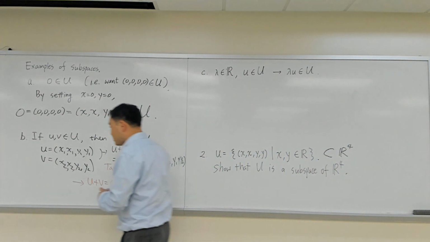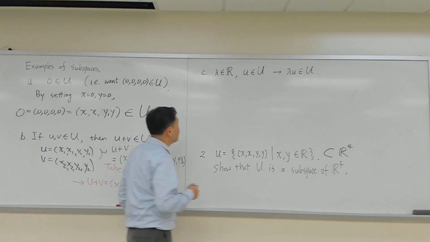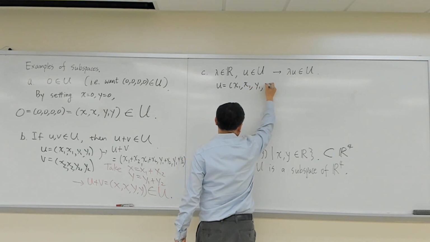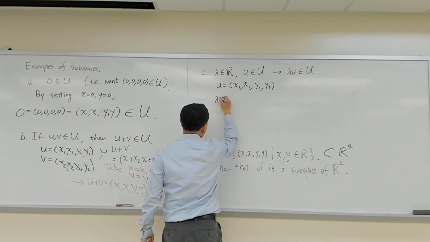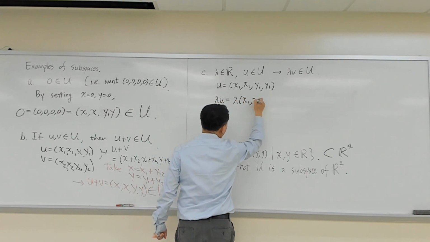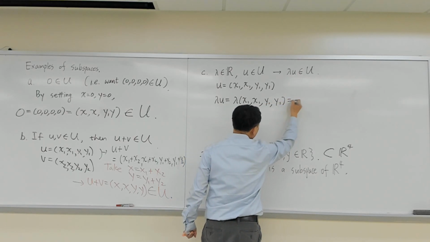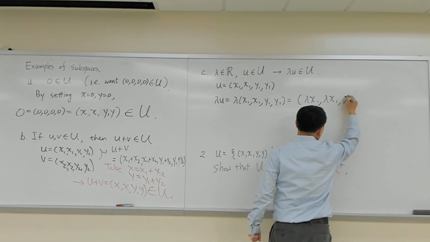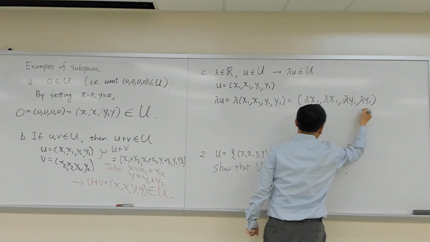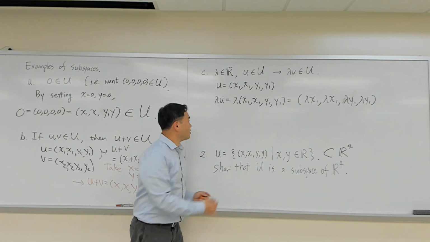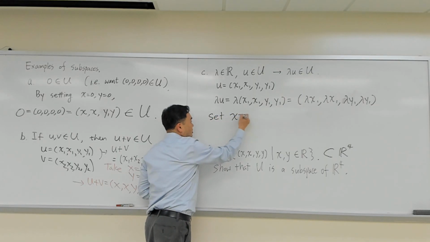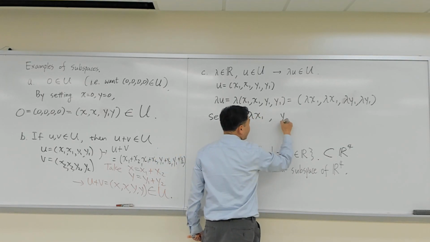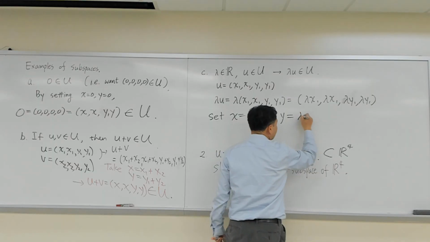For this here, we have, again, you write U as x1, x1, y1, y1, so that lambda times U is lambda times x1, x1, y1, y1. That's equal to lambda x1, lambda x1, lambda y1, lambda y1. Okay, so now in order to make this look like this, I should set x as lambda x1 and y as lambda y1.